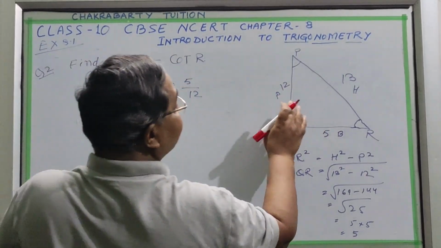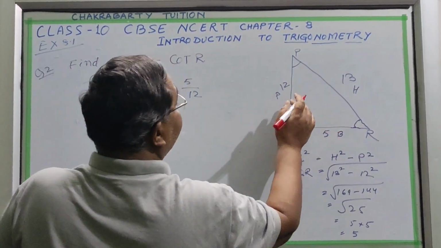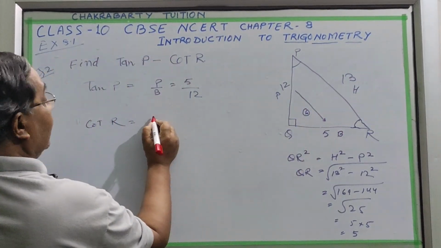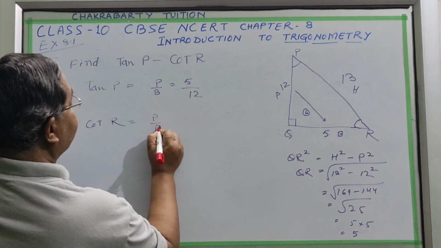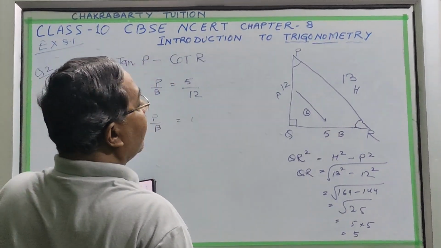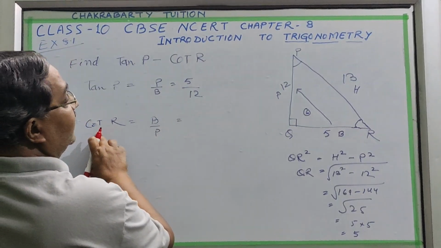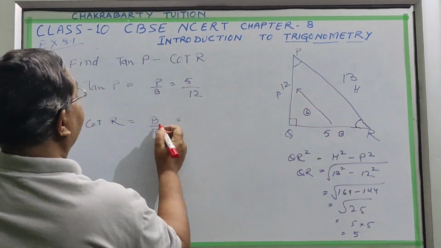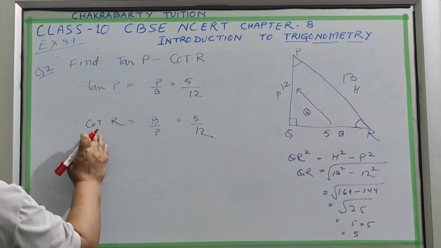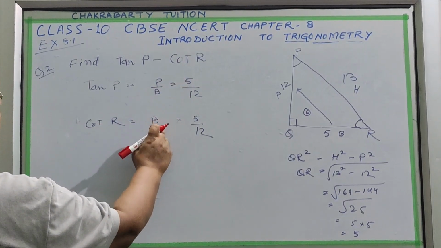So cot is the sixth relationship, you remember here, the cotangent is base upon perpendicular. So it becomes your 5 upon 12. And one thing, tan's opposite is cot. So if tan is equal to P upon B, cot will be just opposite to it, B upon P.